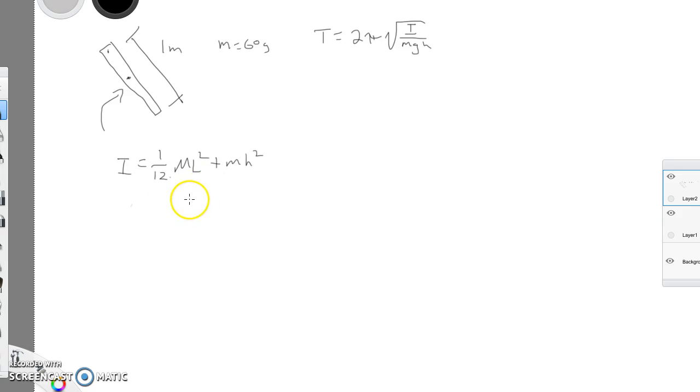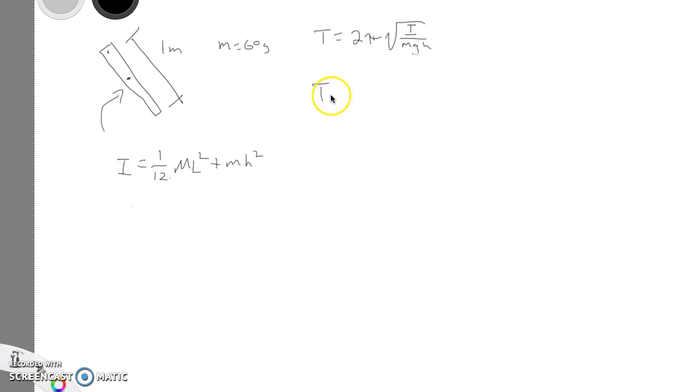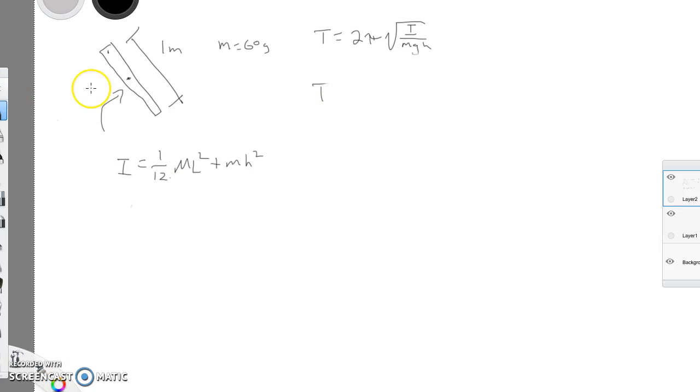So, let's go ahead and substitute in these values and find the period of this physical pendulum. So we get T equals 2 pi square root of 1/12 ml squared plus mh squared all over mgh. The m's will cancel out.